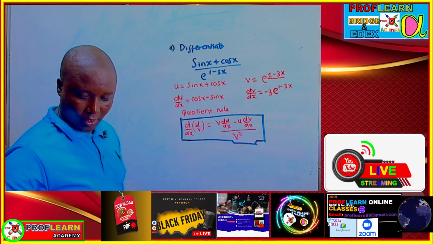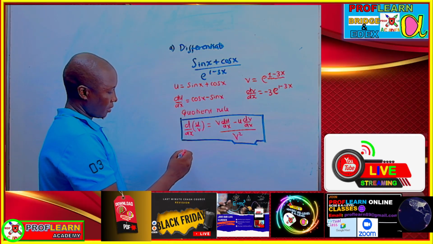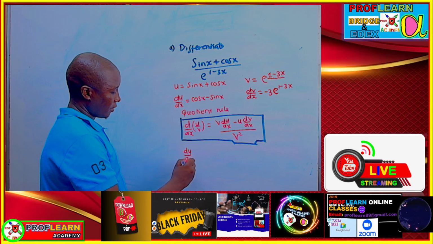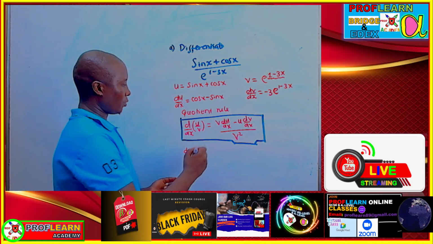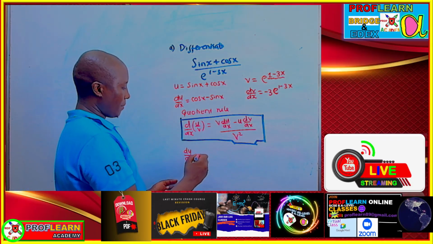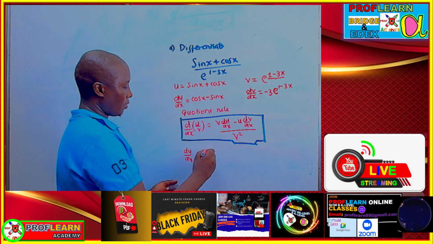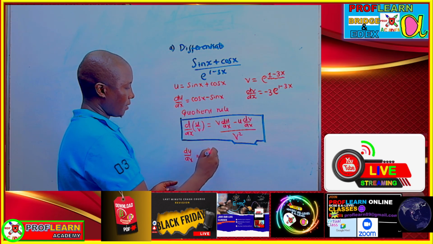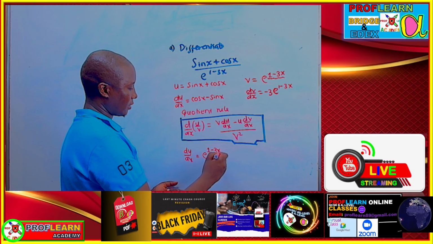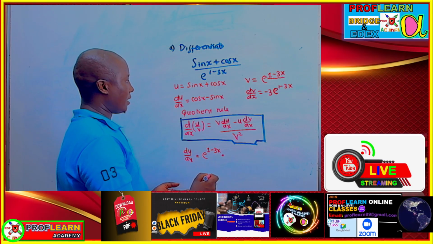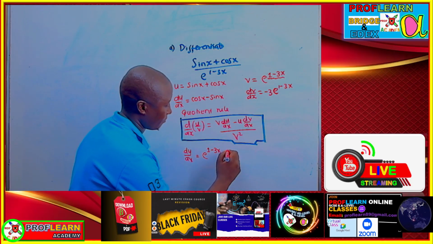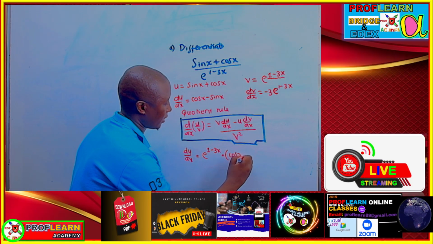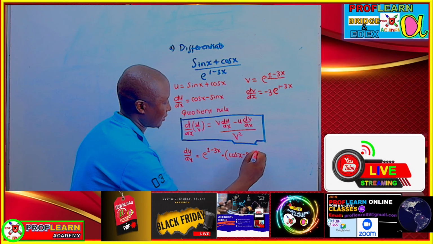So our expression now: dy/dx is going to translate to v du/dx. V, remember, was e^(1 − 3x), times du/dx, which is cos x − sin x.